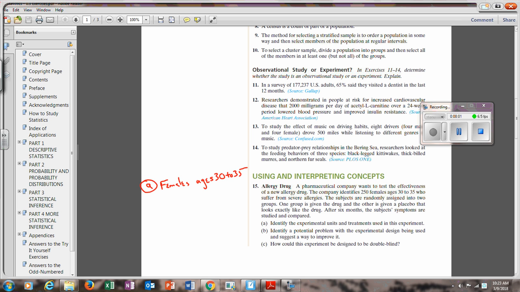That's what we're experimenting on. The treatments are a drug and a placebo.